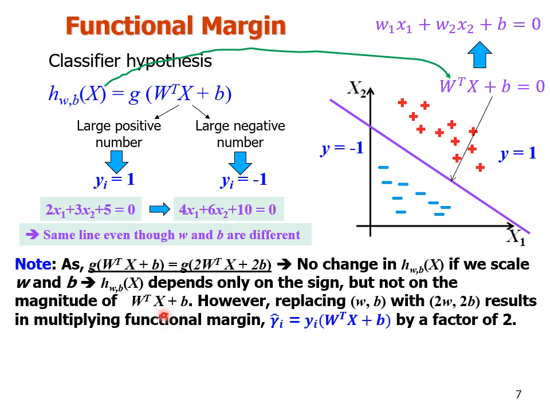So, I will repeat, the hypothesis h w b x depends only on the sign of w transpose x plus b, but does not depend upon the magnitude of w transpose x plus b. However, replacing w, b with 2w, 2b results in multiplying the functional margin by a factor of 2.